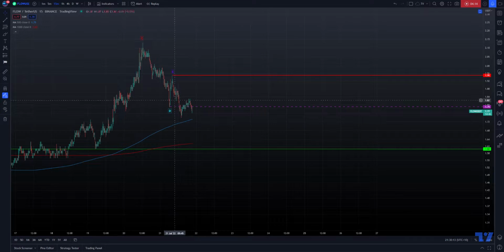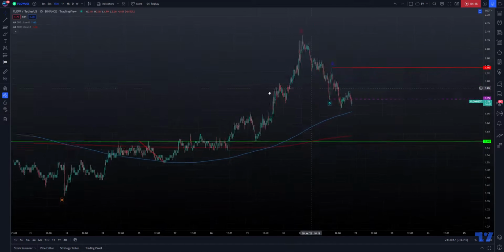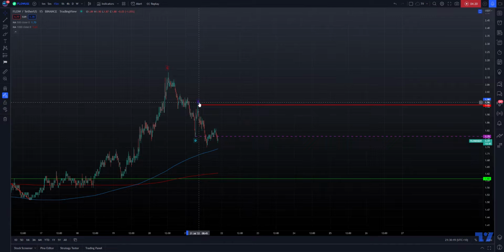Okay, so basically what that means is that if this is a wave 4, this would be the end of it, the E wave, right? So therefore, I will take a small bet that this is critical resistance.